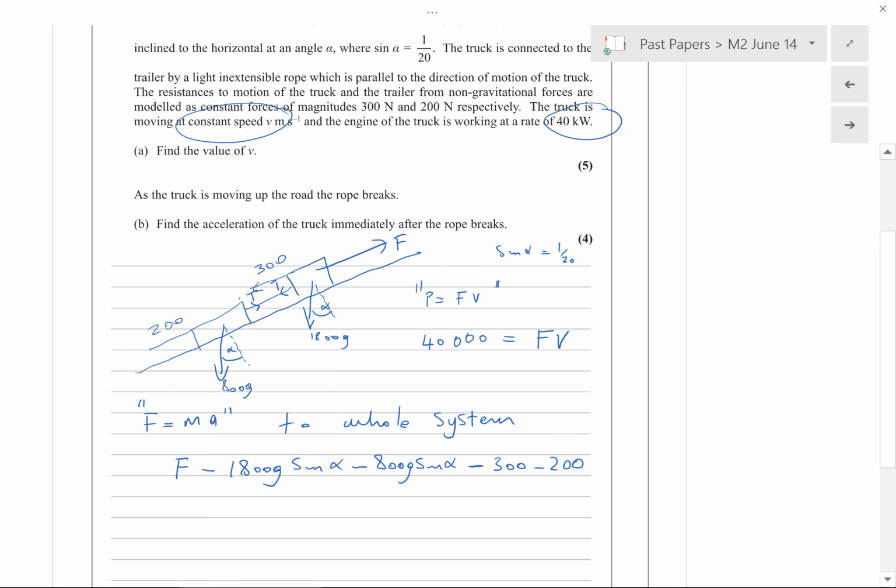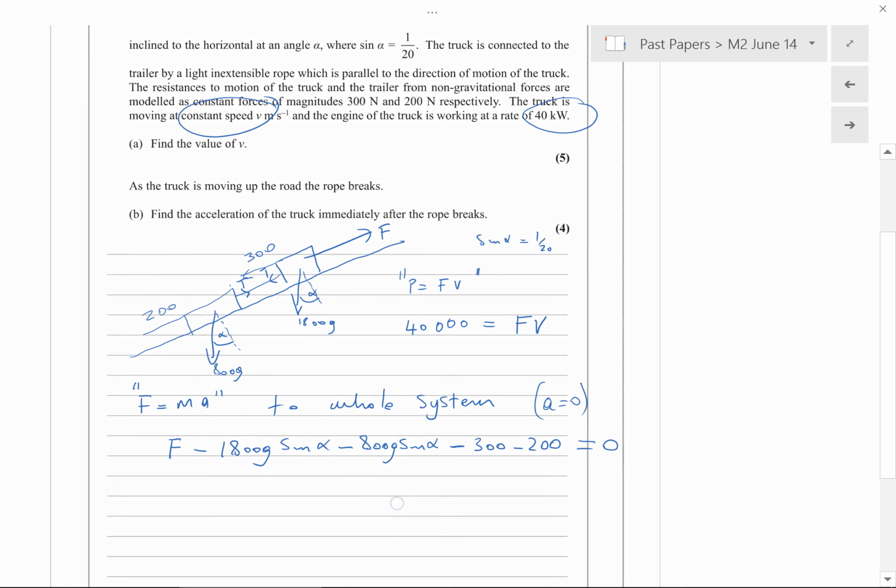Now I've just realised that F equals ma, and acceleration is 0 here, so I'm resolving parallel to the slope, so that's going to be equal to 0. I could have done that a bit easier by just saying F is equal to all of these added together, but never mind. Sometimes you start on it and you realise you could have presented it a bit nicer. But anyway, that's at least correct.